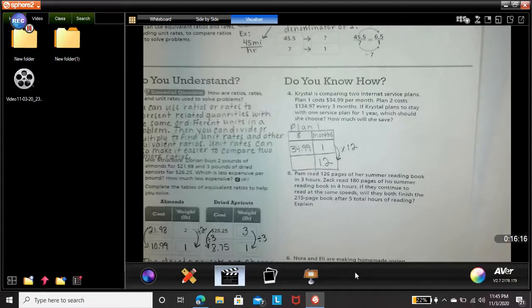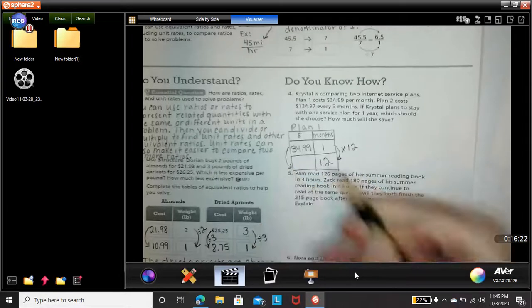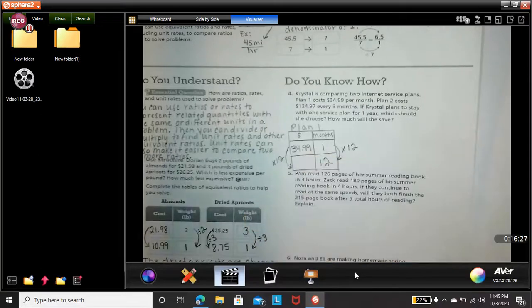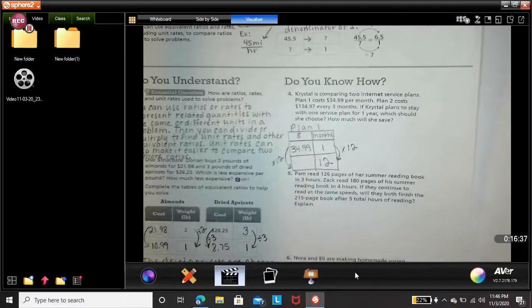1 times 12 is 12. Now the golden rule of math is what you do to one side, you have to do to the other side. So we're going to multiply that $34.99 by 12. Go ahead, do that on your calculator, and write the dollar value in this missing box.